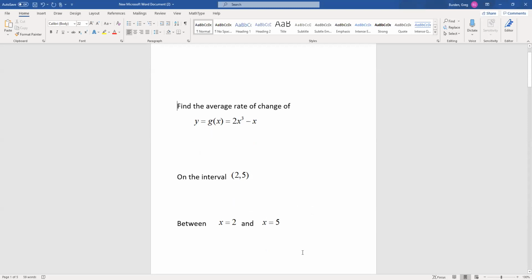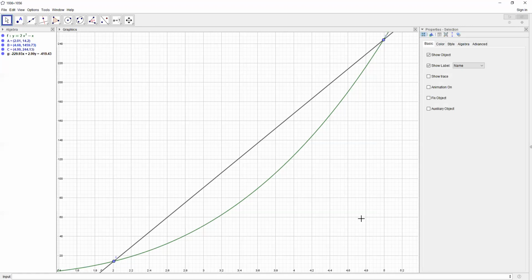So what we mean by this is, let's look at a different window here. The green curve here is that cubic function we started with, y equals 2x cubed minus x. You can't really tell it's a cubic function from the picture we've got here.